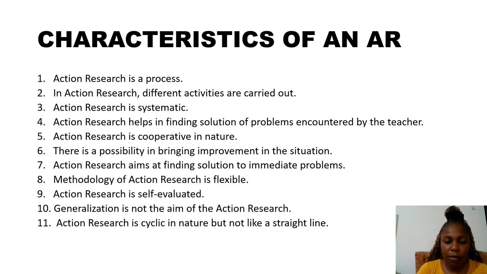Then it brings improvement to the situation. It's flexible. It involves self-evaluation. You have to keep on examining yourself. And then the results cannot be generalized. That means it's highly local. So it only works for your workplace, but the results of your workplace cannot be applied to other settings. Then it's cyclic in nature, but not done in a straight line.